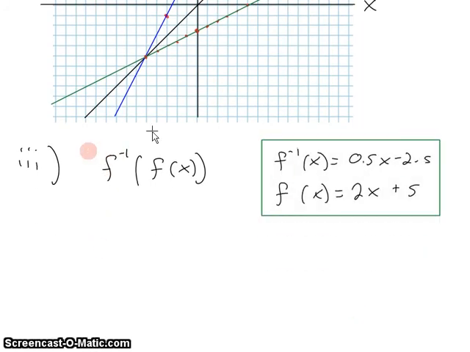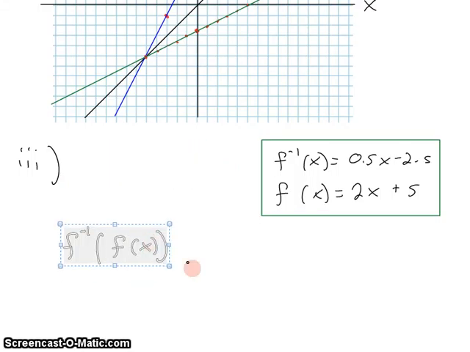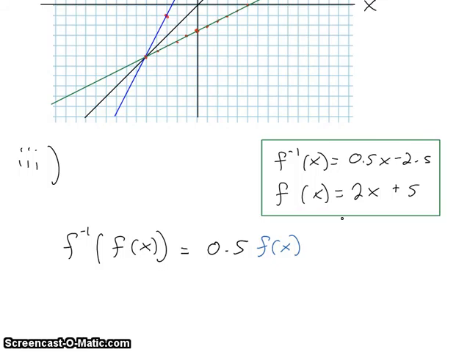So the inverse of f of f of x is the inverse of f, but instead of x, it's f of x. And f of x is 2x plus 5.